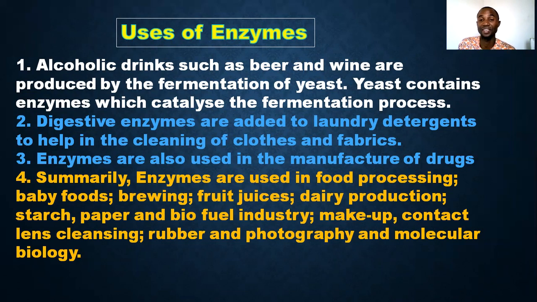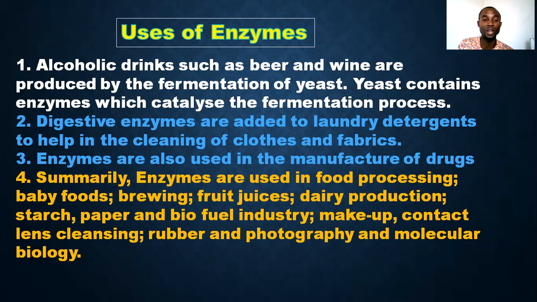You can see that enzymes or catalysts are not actually bad. They are used in baking, in brewing, in fruit juice, in dairy production, in starch, paper, and the biofuel industries. Also in make-up, in contact lens cleansing, rubber, photographic, and molecular biology. So they have been used in several areas in different walks of life because of their usefulness.